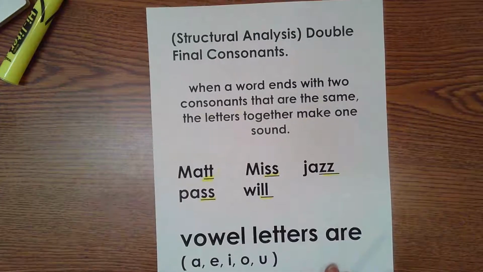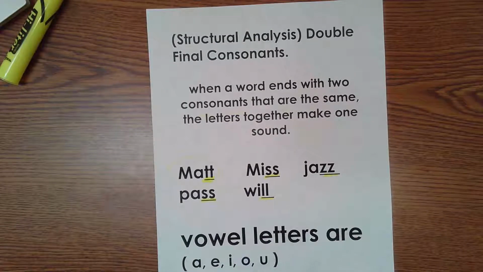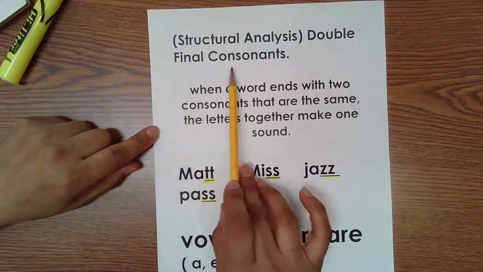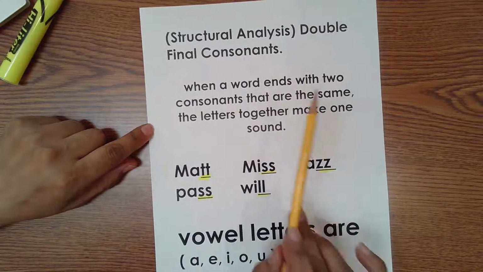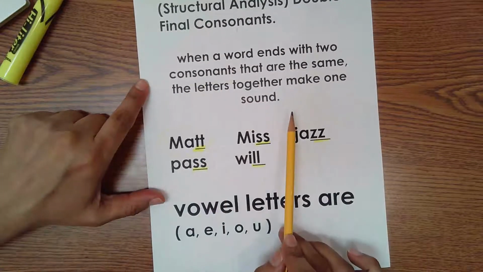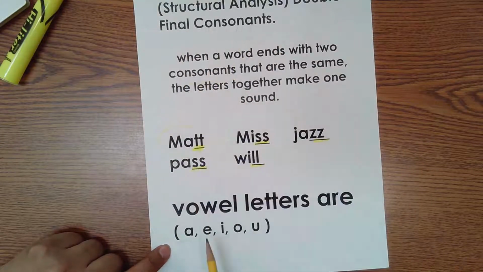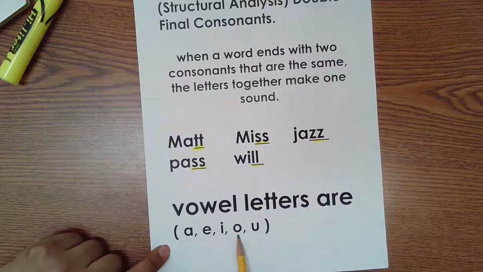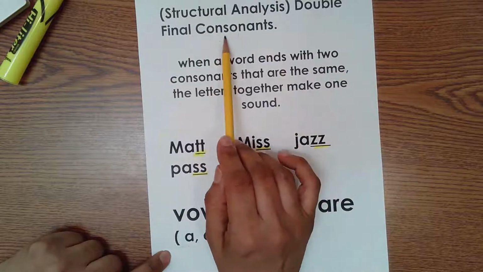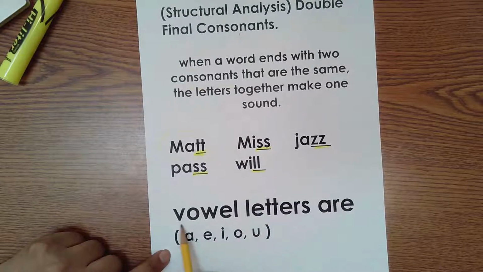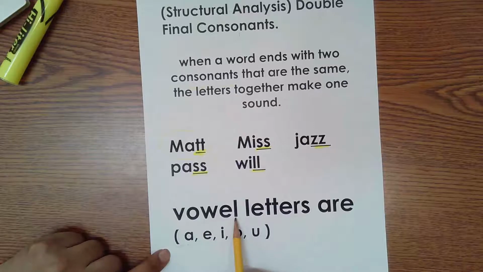Over here I have a very simple rule I want to share with you. Double final consonants. Consonants are the alphabet letters except the vowel letters. So any letter in the alphabet except A, E, I, O, U, we call consonants. If it's A, E, I, O, or U, they are vowel letters. All right.